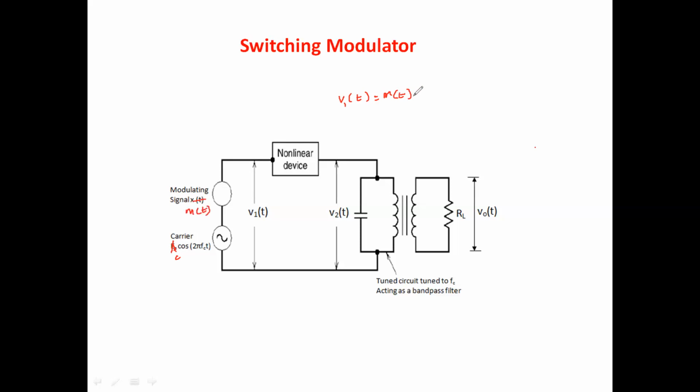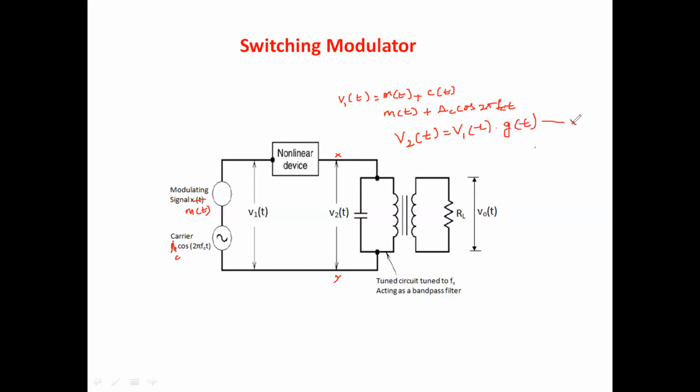What is c of t? c of t is nothing but the carrier signal, that is Ac cos 2 pi fc t. Then the output of this switching diode, that is V2 of t, can be written as V1 of t into g of t.